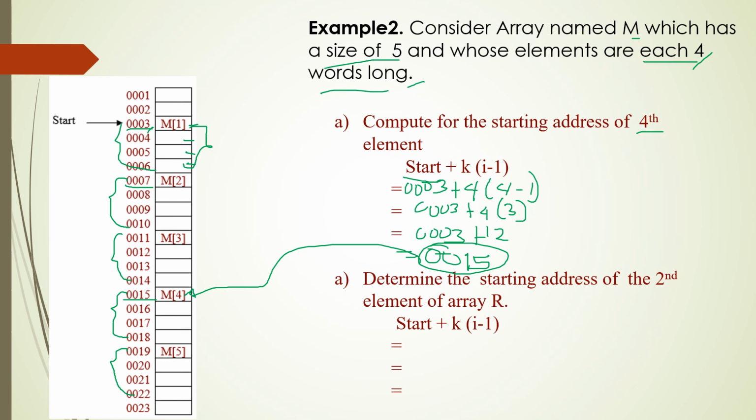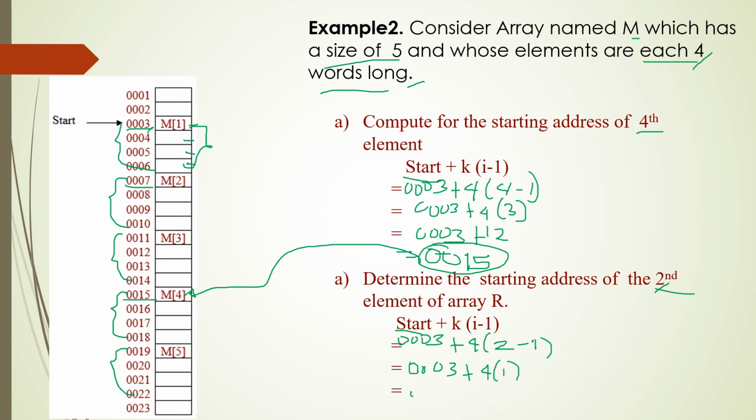Next, we have to determine the starting address of the second element. Okay? So, start again is the starting address of the first element. So, we have 0003 plus k is 4. i is 2 because that is what we are trying to find, the second element. So, we will first compute anything that is inside the parentheses. So, 2 minus 1 is 1.